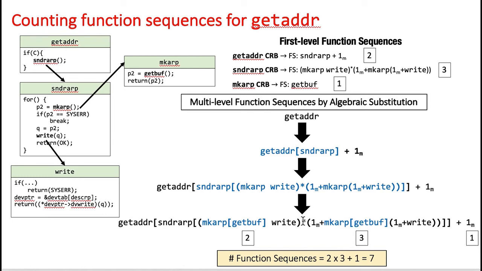One, either the loop completes an iteration or it's not entered. So the total number of function sequences, when we do the multiplication, is 2 times 3 and then plus 1 here for this term, which is multiplicative identity. So the total number of multi-level function sequences for getAddr is 7.